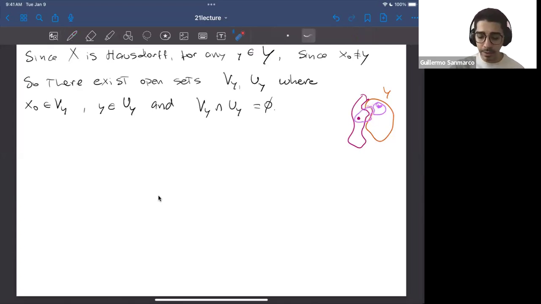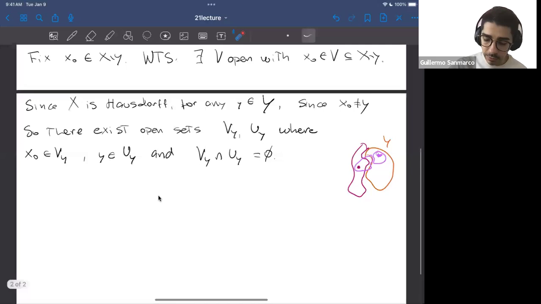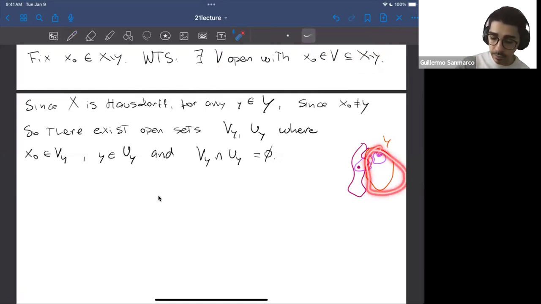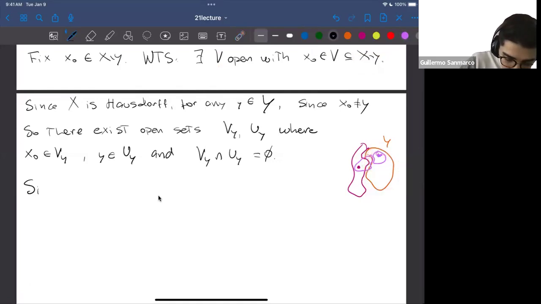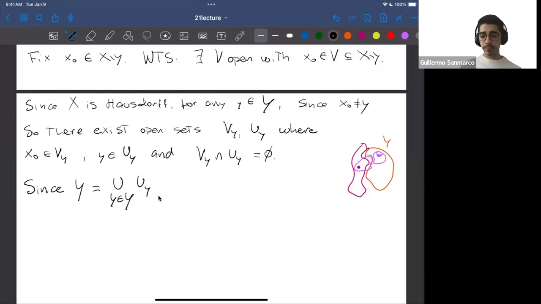And we want our V to be outside of Y, so we need to fix this. The idea would be we need to shrink this neighborhood. The good thing is we can do this for each point here, and that's going to give us a cover for Y. That's the next step, since Y is going to be the union of all these U_y's.